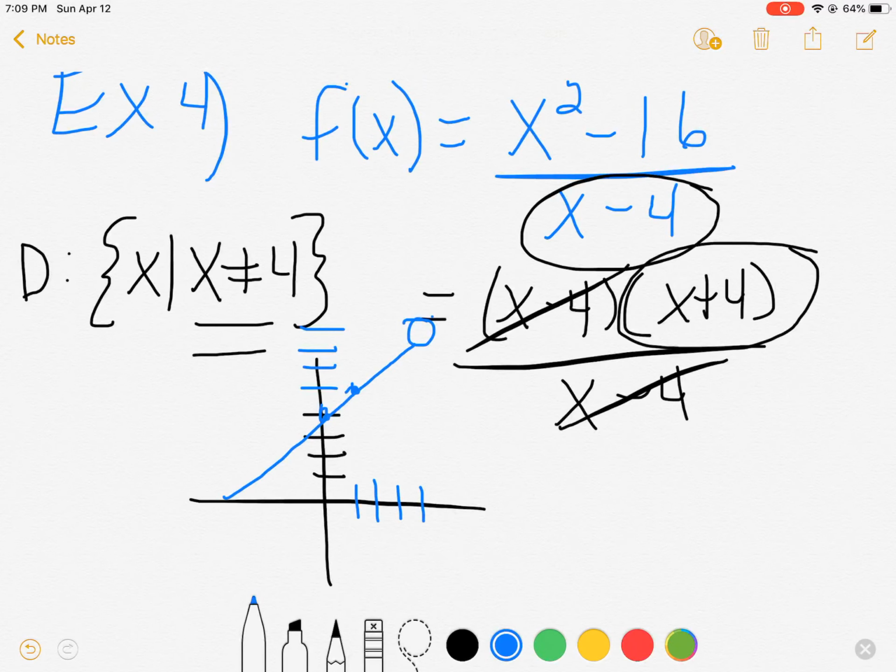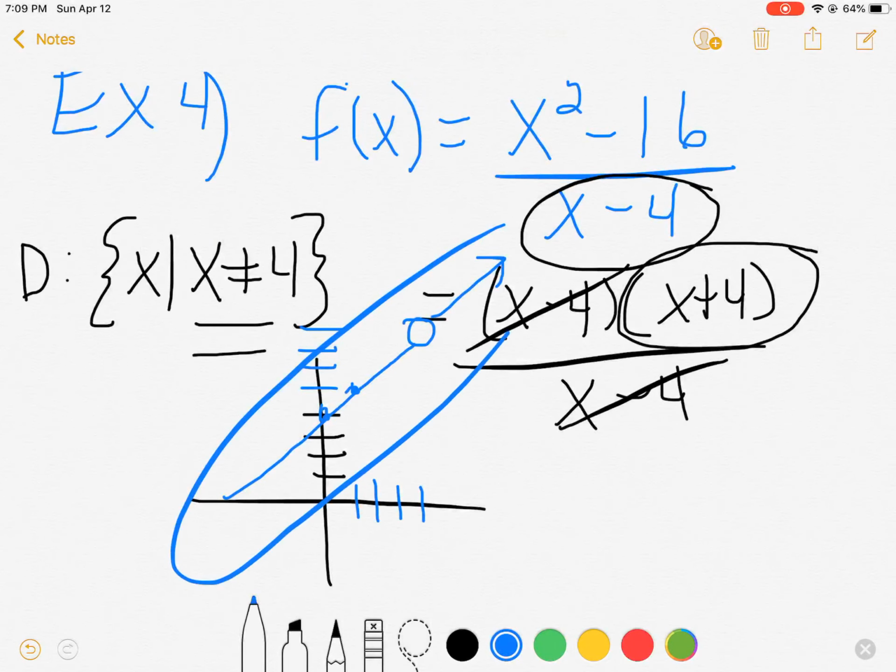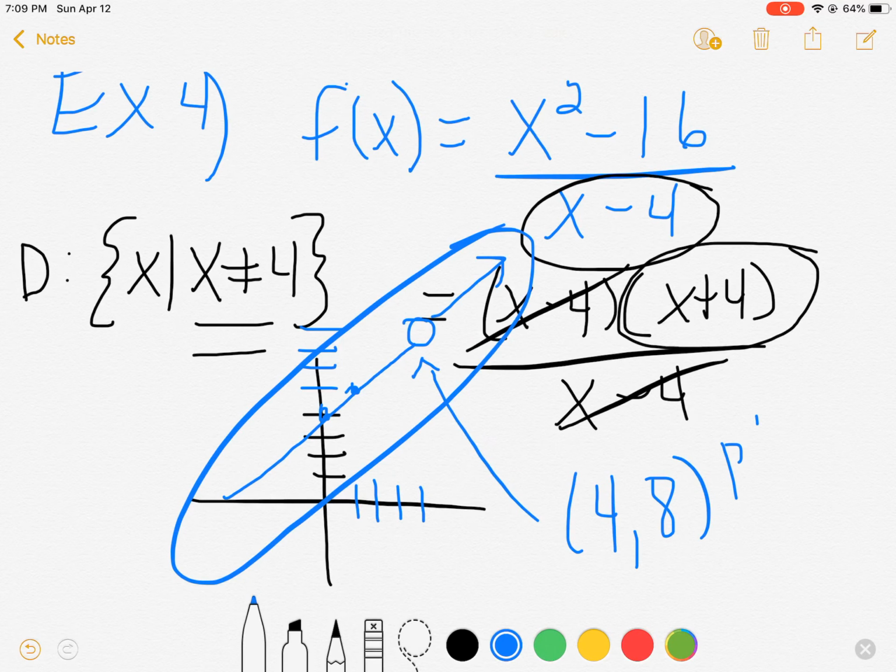So I would have a line, but this value 4, 8, I have a point of discontinuity. And that does not show up on Desmos, nor does it show up on your graphing calculators. So that's something else that you have to figure out with your algebra.